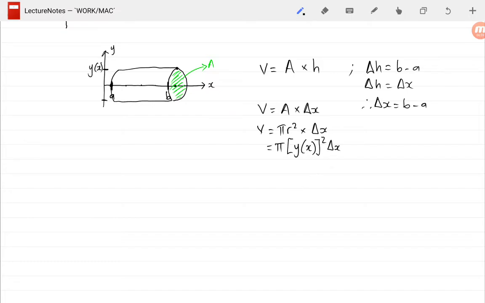Okay, so now we have our change in x there, but we want to limit it, so that we can have a sort of integral there.